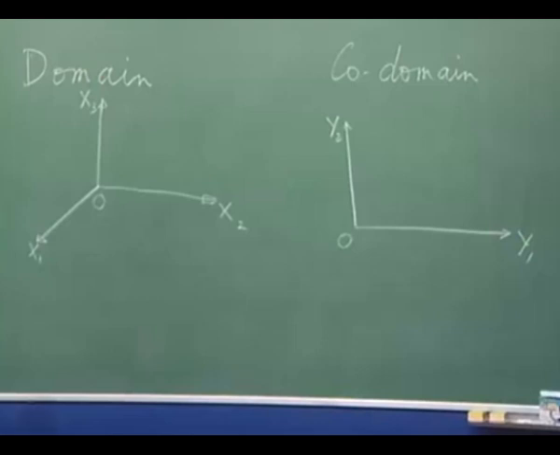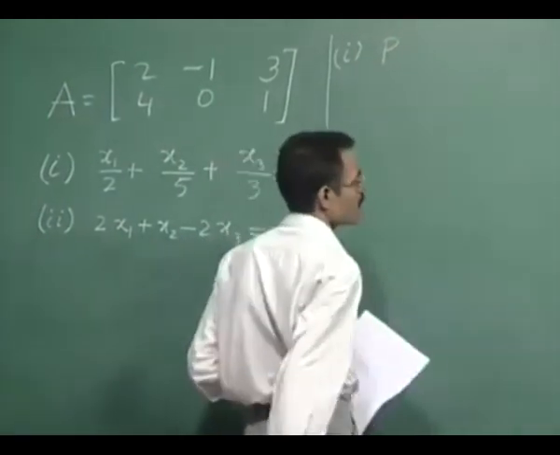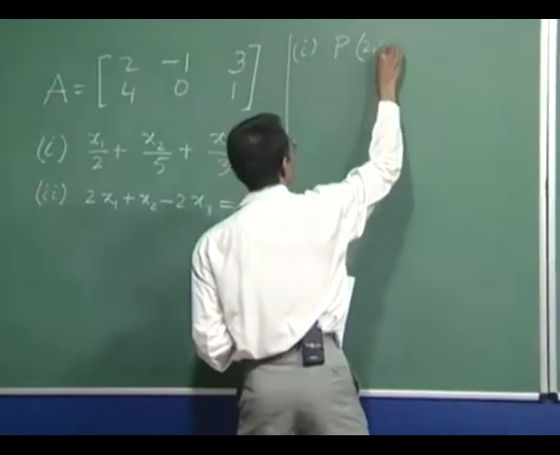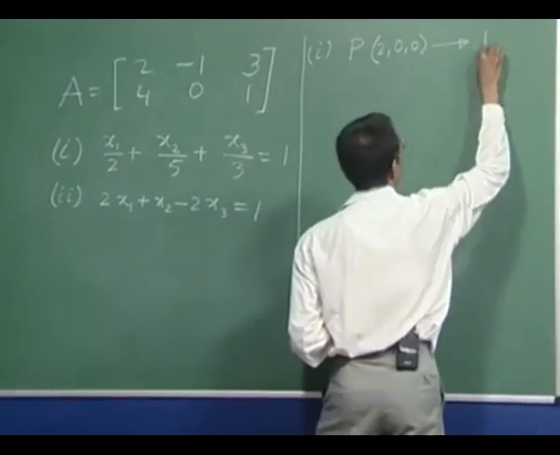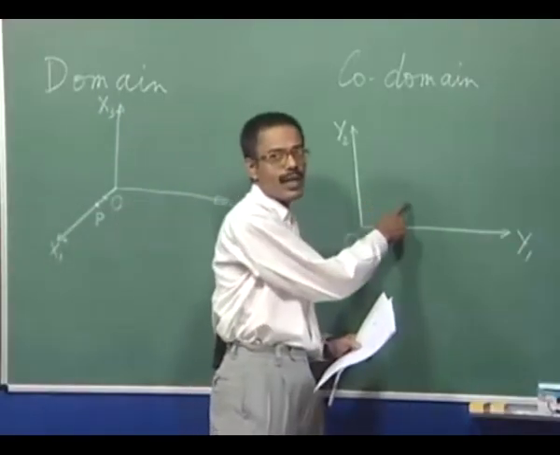So, we quickly plot here 2 on x1. This is a point, let us denote it as P, and its coordinates are 2, 0, 0, and that gets mapped to P prime in this y space.